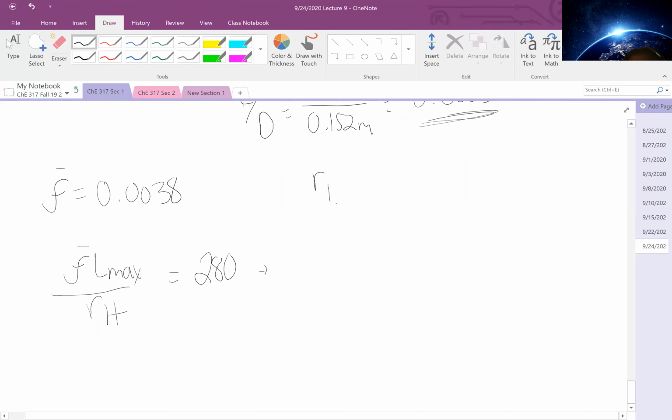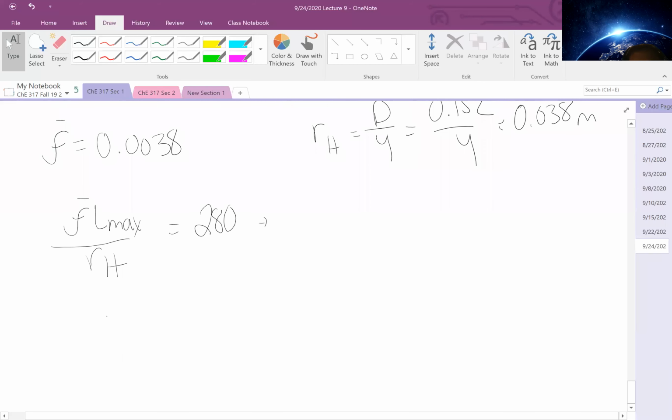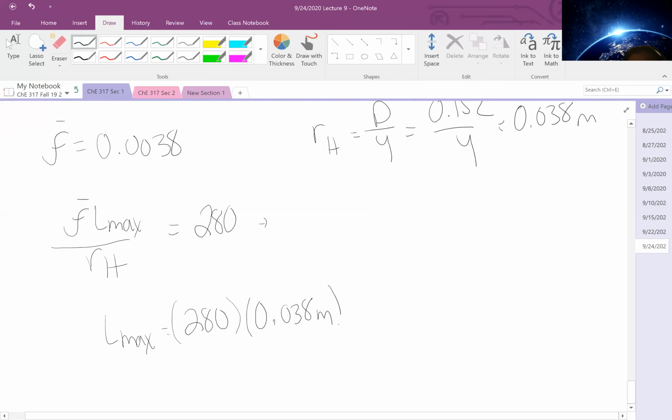So our hydraulic radius is the diameter over 4. So we have 0.152 divided by 4, which is 0.038 meters, which means L max is equal to 280 times 0.038 meters divided by the friction factor, 0.0038, which is approximately 2,800 meters.